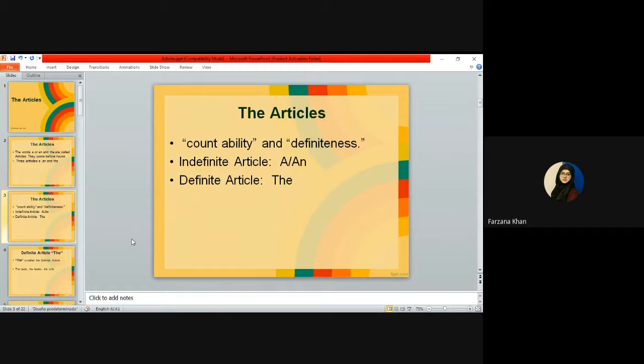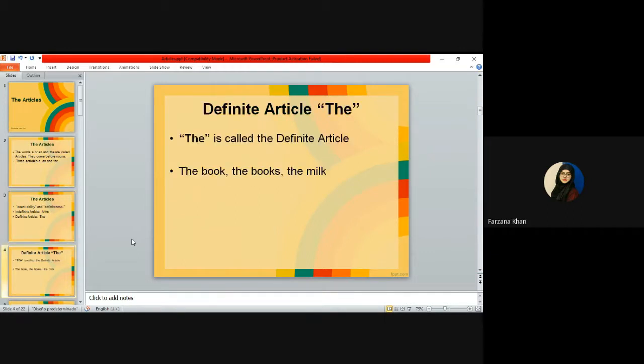So let's discuss the definite and indefinite article one by one, and their rules and uses in the English language. When we talk about the definite article, it is specifically called the definite article because it points out some particular persons or things.